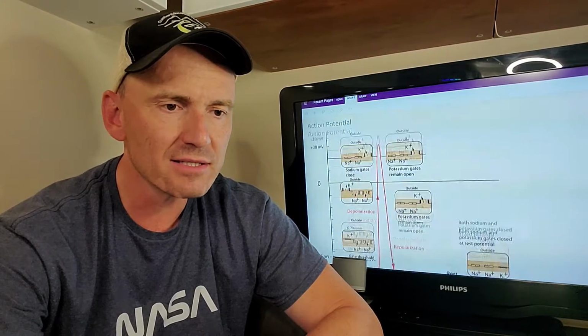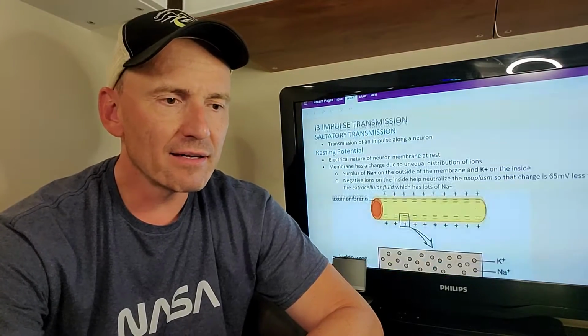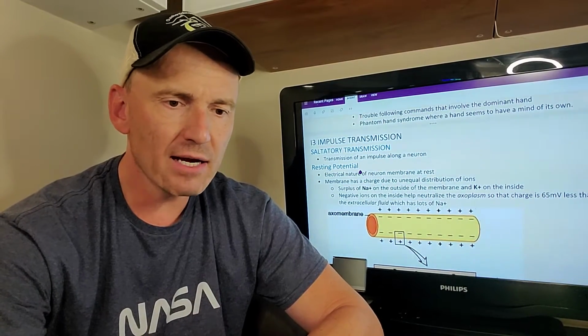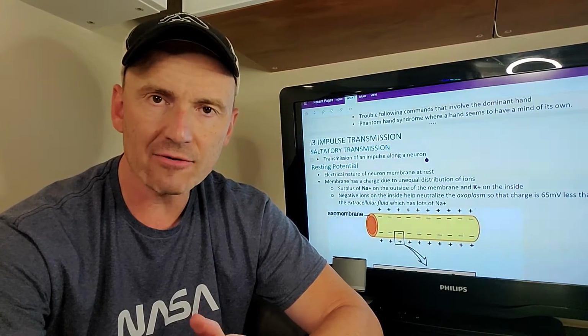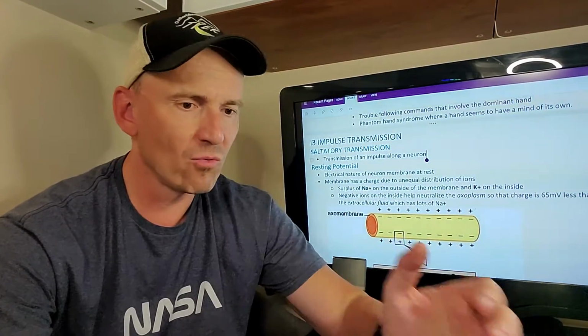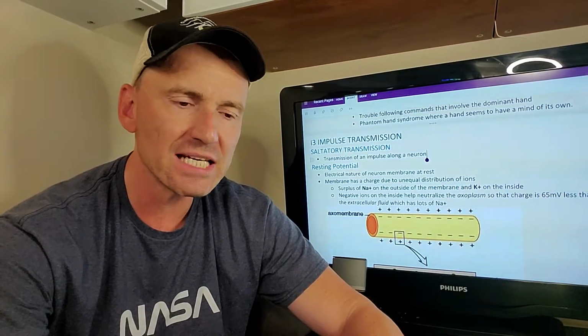So first, let's talk about this action potential. There's a lot to unpack in saltatory transmission. Normally, you've got a nerve, and it's hanging out, and there's nothing happening. That condition is called the resting potential.